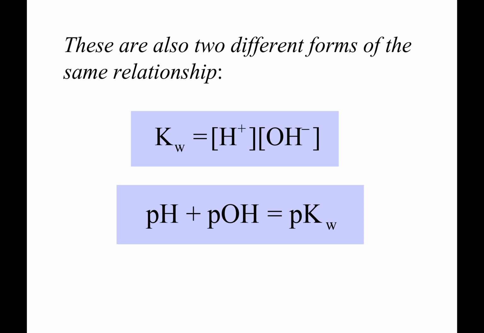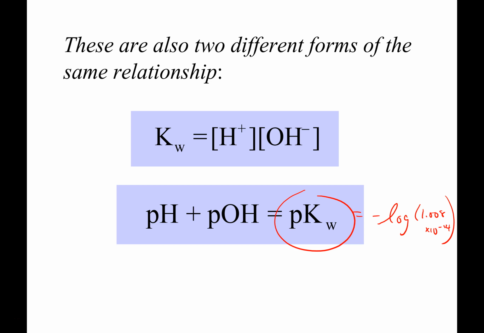Take your calculators and go ahead and pKw is equal to negative log of Kw, which is 1.008 times 10 to the negative 14th. So however you need to figure out to do it, I want you to take the log of 1.008 times 10 to the minus 14 and take that times minus 1.